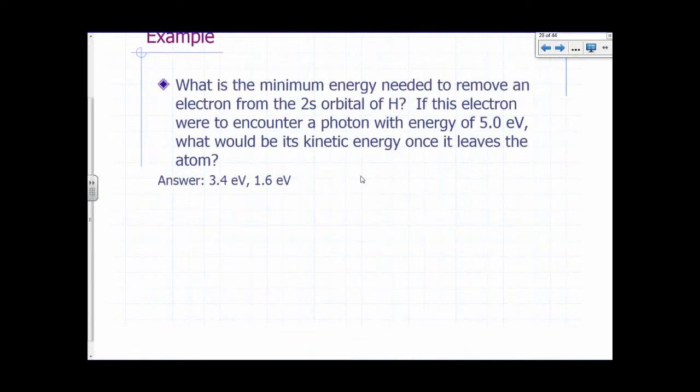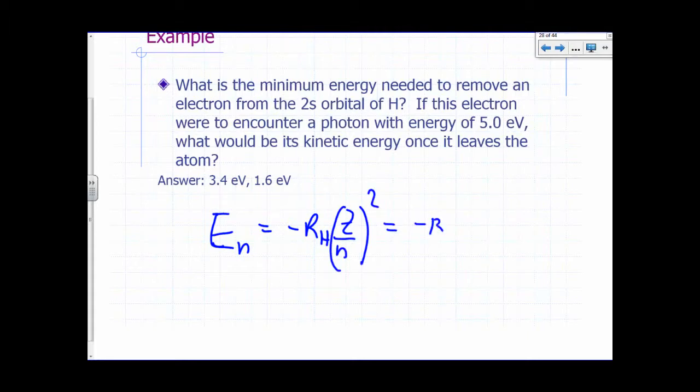Here's another example. What's the minimum energy you need to remove an electron from the 2s orbital of hydrogen? Well, let's see. E sub n is negative R sub H Z over n squared. So that's negative 13.6 electron volts times 1 over n squared. 2s means n equals 2, so you're going to plug in 2 there.